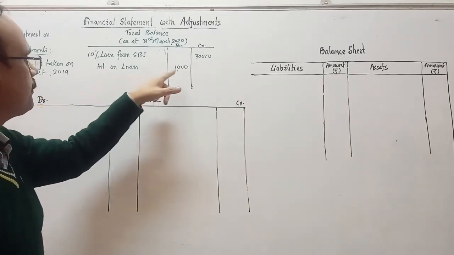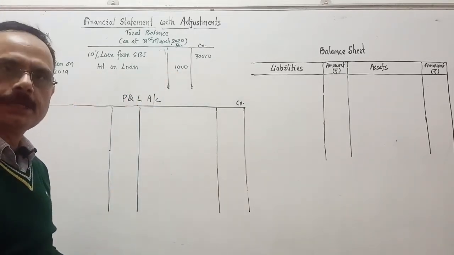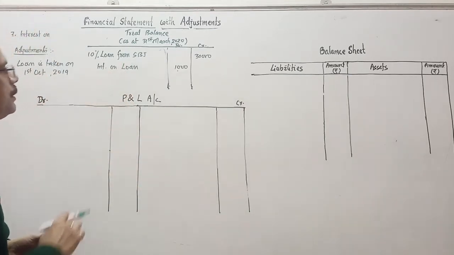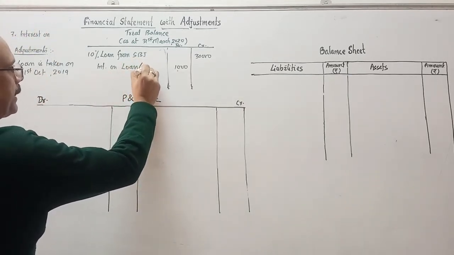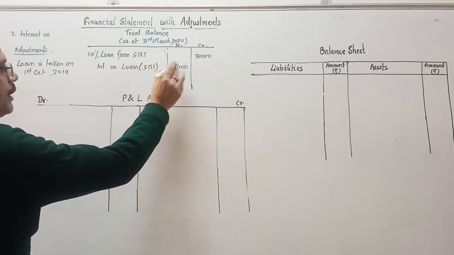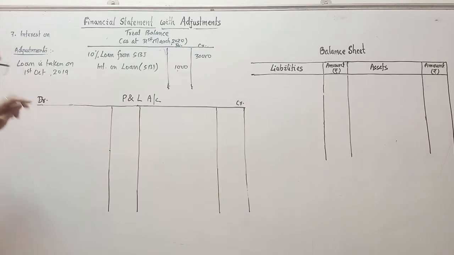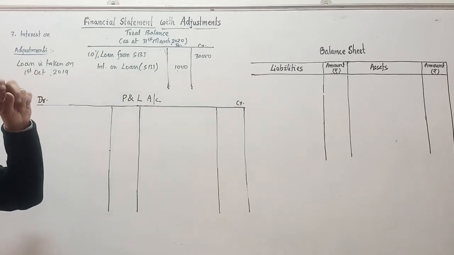Interest on loan on the SBI loan is reflected in the trial balance as 1,000 in the debit side. It's an expense. In the adjustment, it has been mentioned that the loan is taken on 1st October 2019.